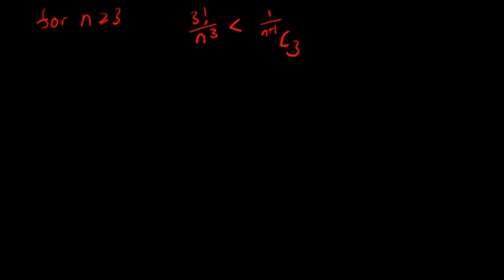So first thing we're going to do is rewrite this inequality, particularly the right hand side, to get rid of the n plus 1 choose 3 notation and write it in terms of factorials. So we will get 3 factorial divided by n cubed is less than, and I'm just going to write it without explaining it, you should be able to write this by yourself.